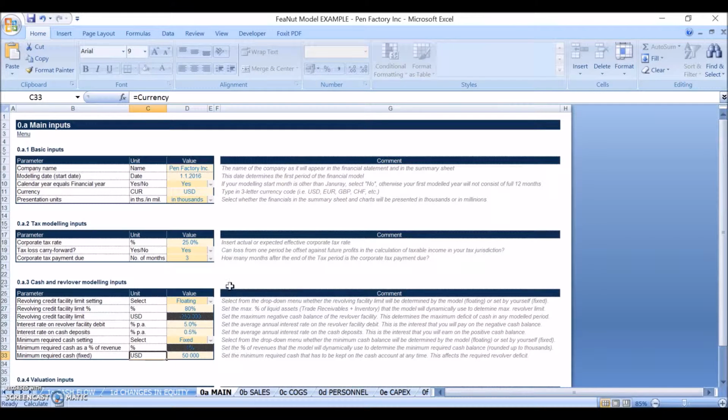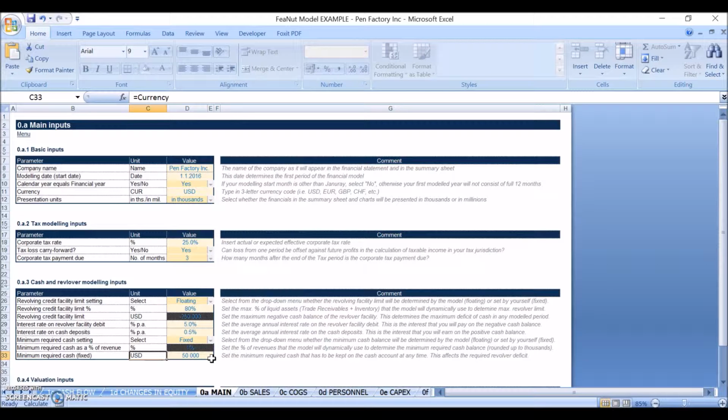What that means is that, for example, if in a certain month the need for cash to finance salaries, to finance inventory, to repay debt, and so on and so on, will go below 50,000, the model will automatically draw money from the revolving credit facility. So whenever it falls below 50,000, it will go to the revolving credit facility and take money from that facility instead of taking money from the cash balance that we have in bank accounts.